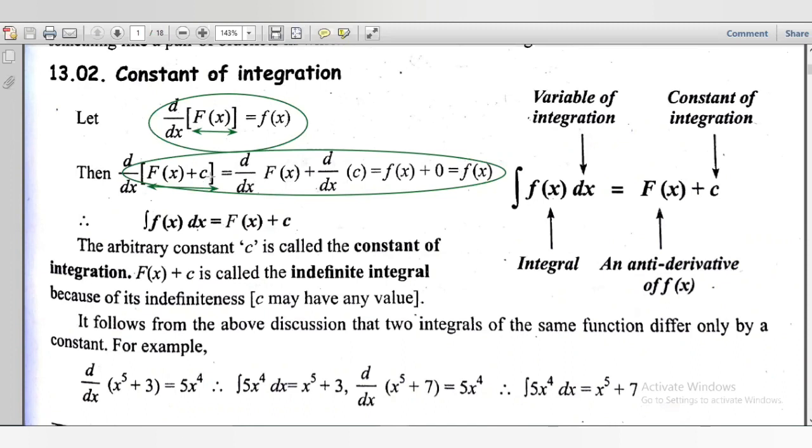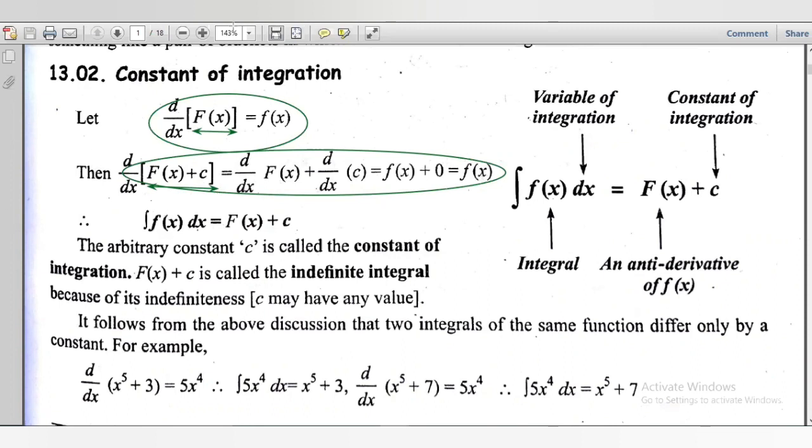So instead of c, you can take any constant. Suppose here it is 10, you are going to get f of x, and if you have 15, even then you get f of x.